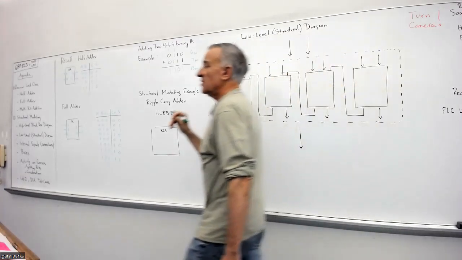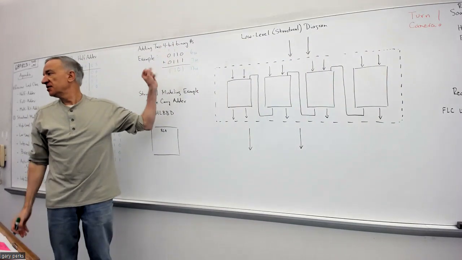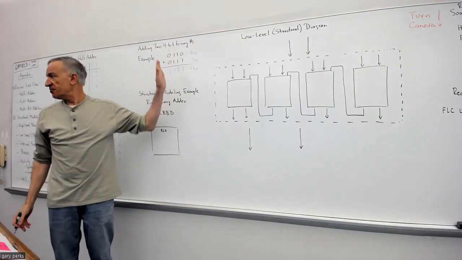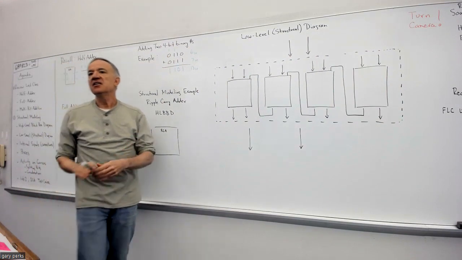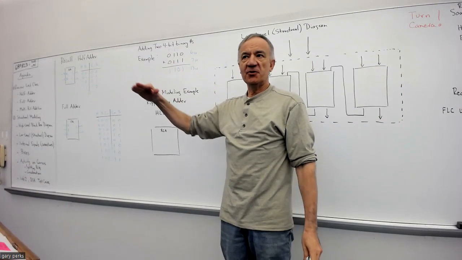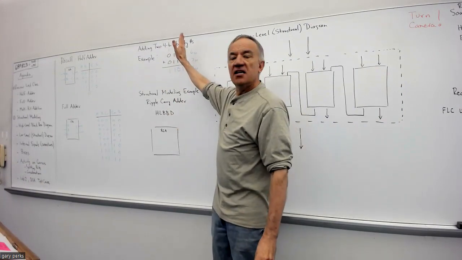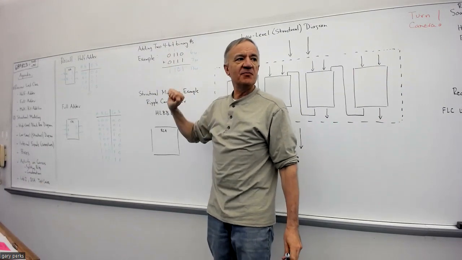Well, just like how we would add these binary numbers, bit by bit, that's how the hardware does it. The hardware that you're going to build, which is called a ripple carry adder, adds column by column, bit by bit.